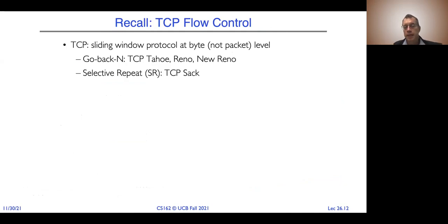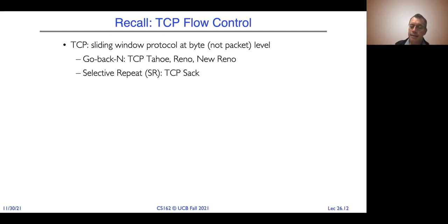Now TCP, as I mentioned last time, but very quickly, has a sliding window protocol at the byte, not packet level. So far we talked about packets, as it was easier to visualize. And it has two ways to recover.